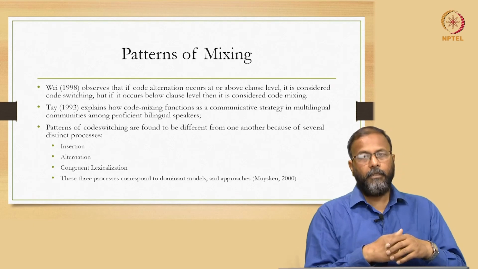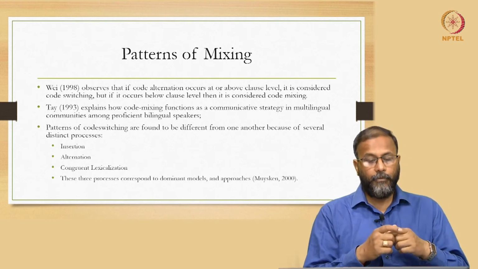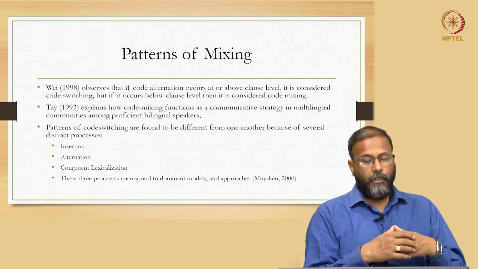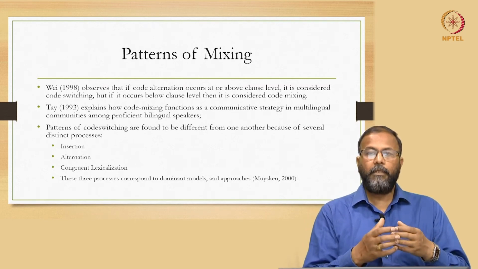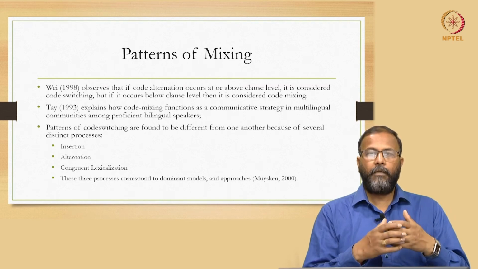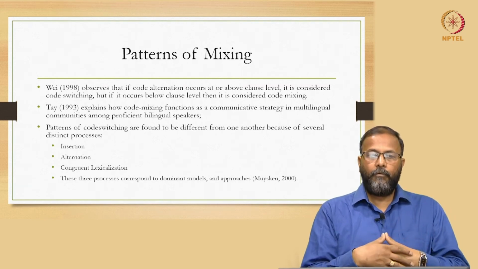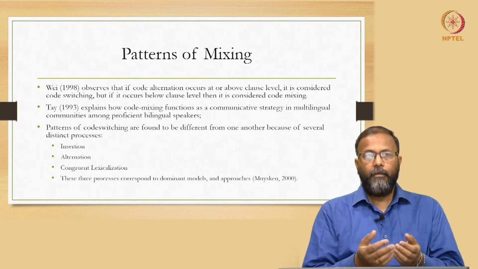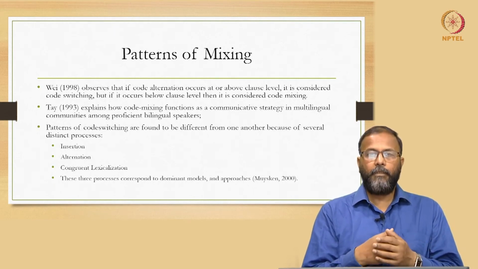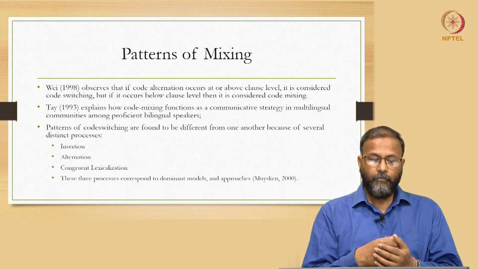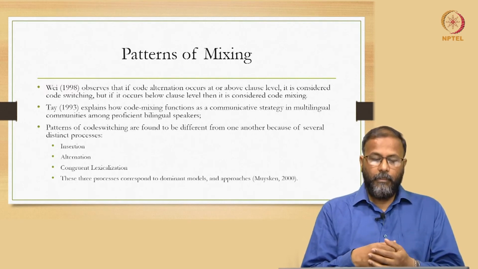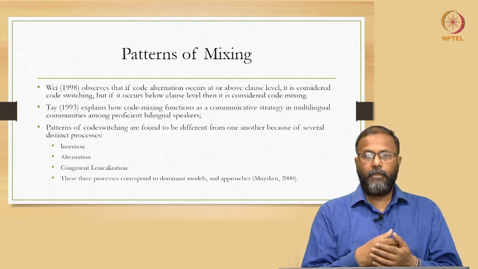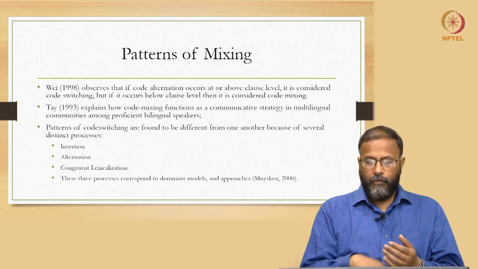And what is that? Number one, insertion. Number two, alternation, and number three, congruent lexicalization. So, there are three patterns over a larger size chunk of data. When we look at it, we find these three patterns of mixing: insertion, alternation, and congruent lexicalization. What are these? We will come to that in a while, right.